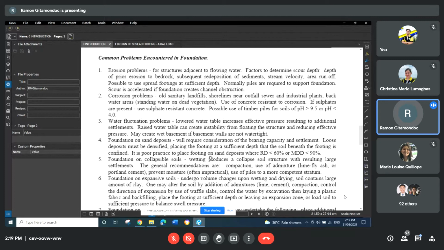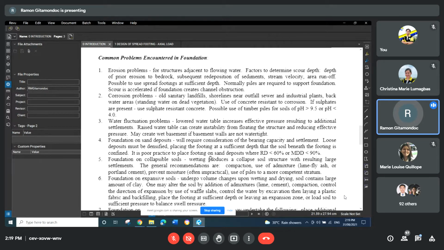To address this problem of corrosion, we can use concrete resistant to corrosion. If sulfates are present, we use sulfate resistant concrete, and we can also consider the possibility of using timber piles for soil with pH greater than 9.5 or pH less than 4.